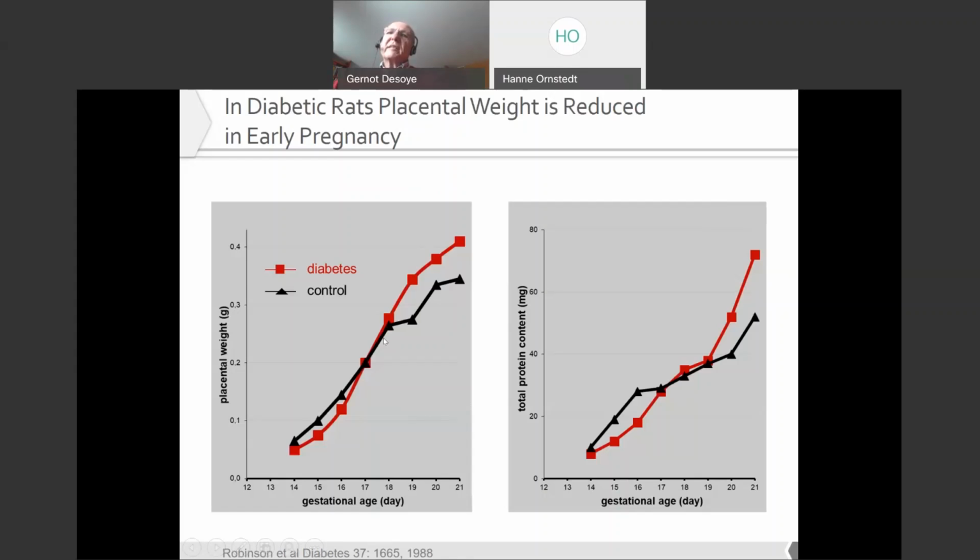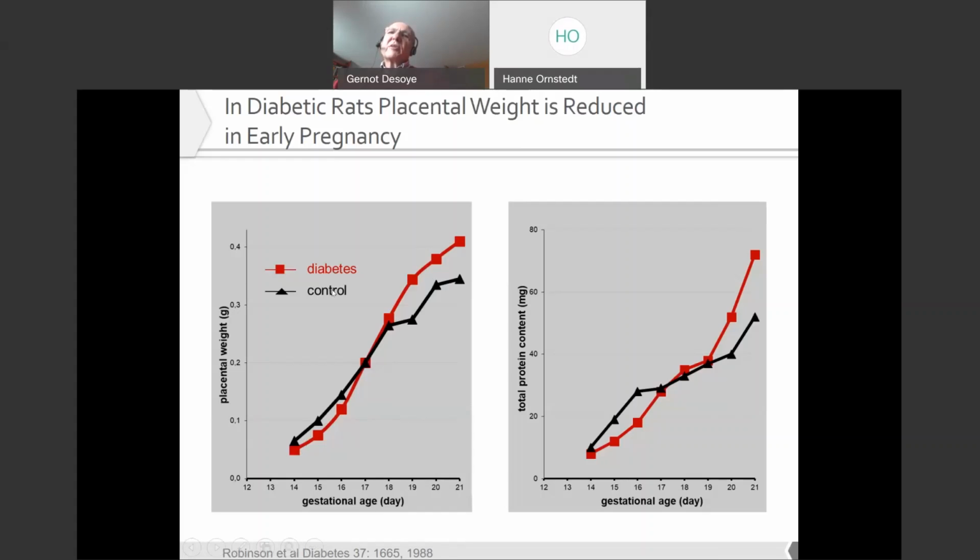In diabetic rats that were rendered diabetic prior to conception, and the weight of the placentas was followed then throughout pregnancy, then you can see the placental weight is reduced early in pregnancy, followed by rapid catch-up growth later in pregnancy. And ultimately, at the end of pregnancy, placental weight is higher in the diabetic animals as compared to the control animals.